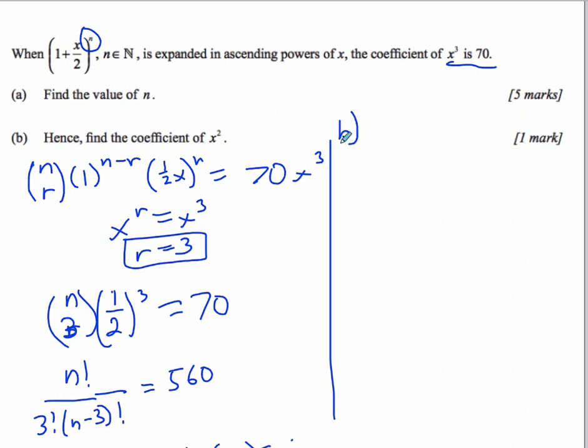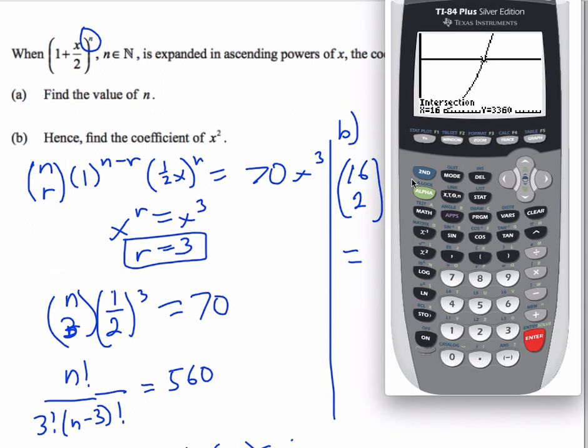Okay, in part B, find the coefficient of x squared. So we just use a general term again. We have n is 16. r is going to be 2 for the x squared term. And then we've got 1 to the power of 16 minus 2. And we've got half x to the power of 2. And then we can work this out, right? So on my calculator I can do 16 choose 2.